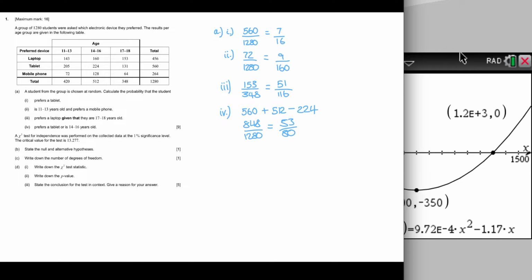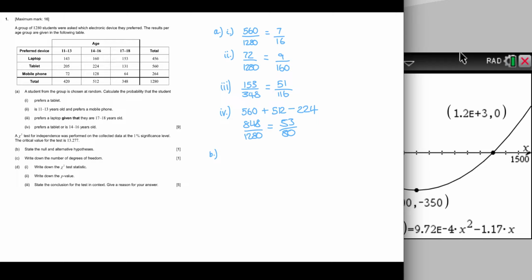Now that we've finished the probability, we're going to move on and start looking at a chi-squared test for independence. A test for independence is a two-way table test, so it's a chi-squared two-way on the GDC. You're told what the critical value and the significance level is. To start off with, we're writing the null and the alternative hypothesis. The null hypothesis is always independent, and the alternative hypothesis is always dependent.